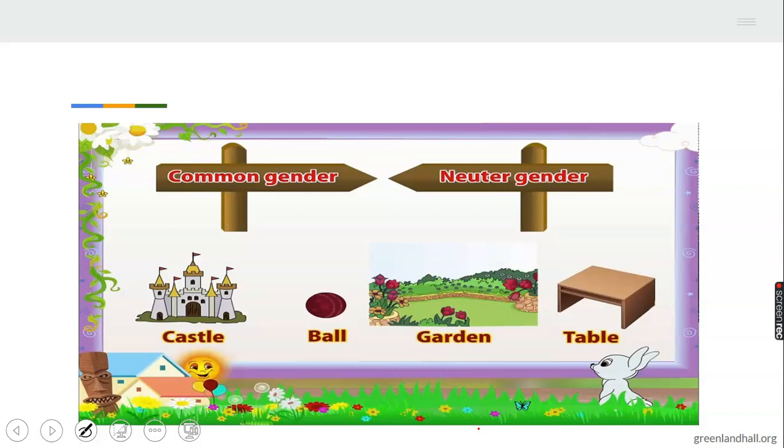So common gender means a general name for people or animals. Like if I say, I saw some animals, you don't really know whether they are male or female until I tell you, I saw a rooster and I also saw a hen.